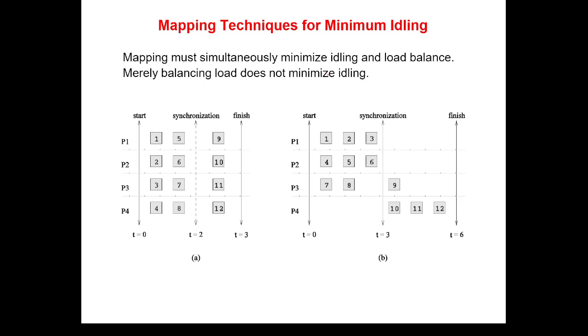Okay, minimum processor tu idle, tak buat kerja, duduk diam, macam tu kan. So kita akan mapping, okay, simultaneously dia minimize idling dan dalam masa sama dia boleh load balance. Semua orang akan buat kerja. Merely balancing the load sometimes will not minimize the idling. Okay, contoh dekat dalam ni kan.